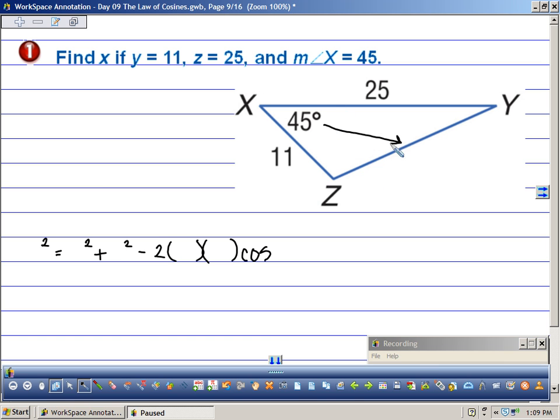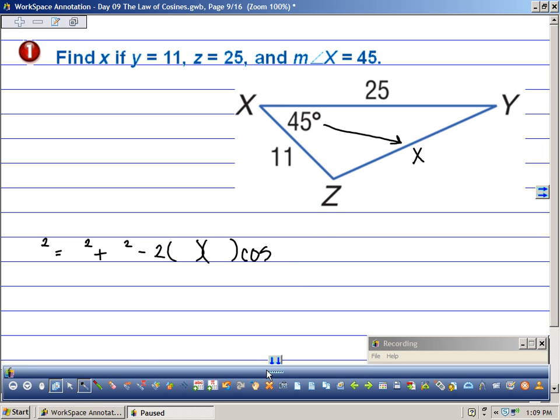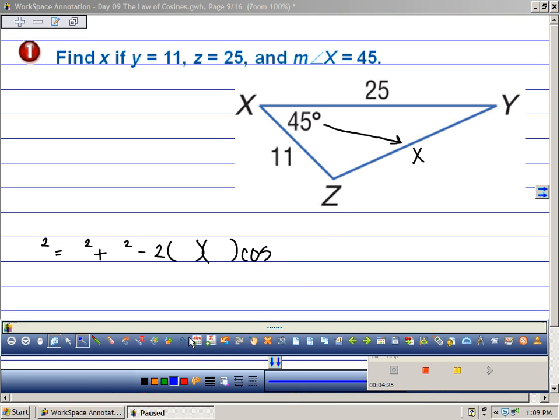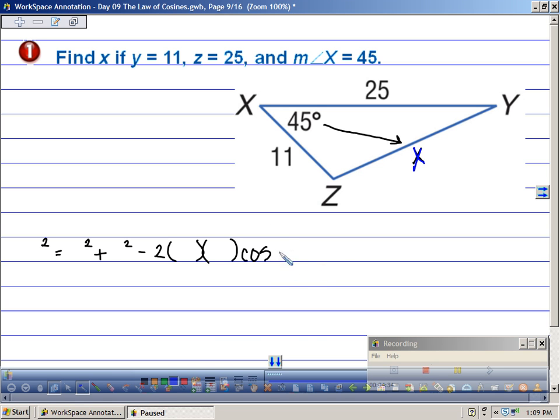Opposite of the angle. X is right here. So let's put that in blue. Actually, sorry about that. It shouldn't be cosine of x, it should be cosine of what? 45, because that's the angle. Where does x go then? Out in front.